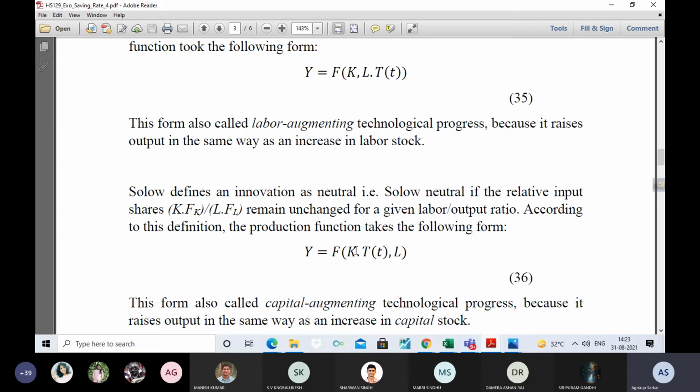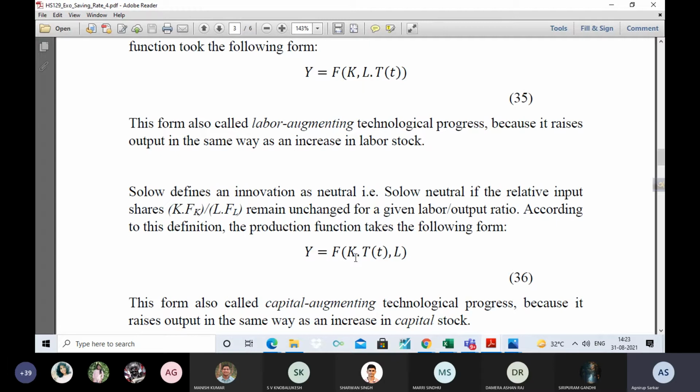This is the functional form, right? See here, for Harrod, the technology factor was embedded within labor. Here it's the opposite. It's technology influencing capital, right?